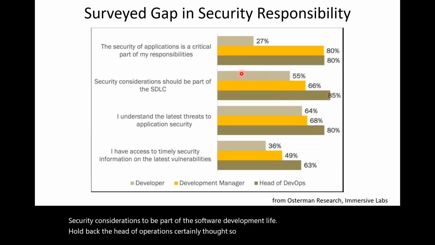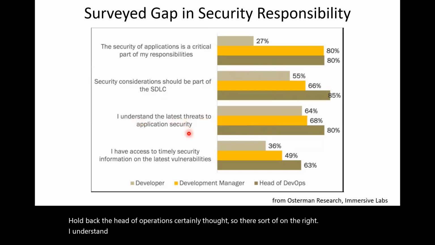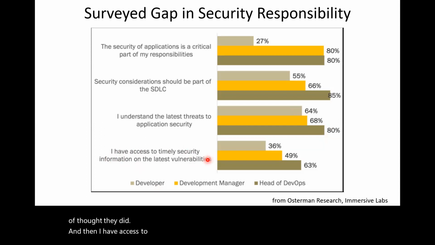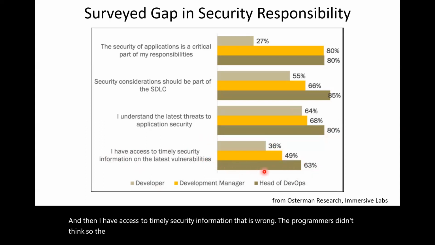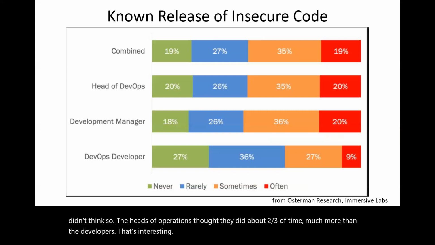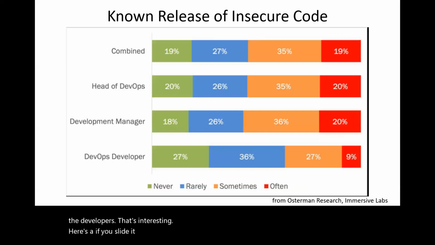Next question. I understand the latest threats to application security. Well, they all sort of thought they did. And then, I have access to timely security information. And that is wrong. The programmers didn't think so. The heads of operations thought they did about 2/3 of the time, much more than the developers. That's interesting.